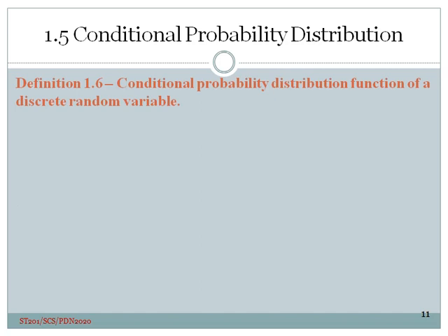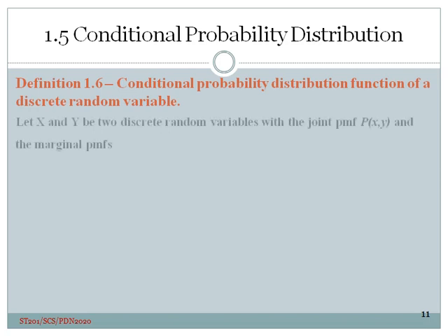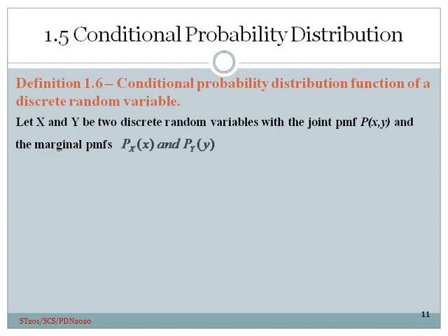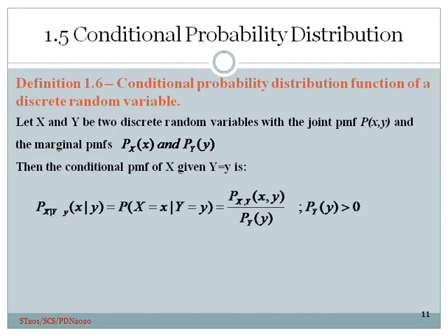Definition 1.6. Conditional probability distribution function of a discrete random variable. Suppose you have two discrete random variables x and y and their joint PMF pxy and the marginal PMFs px and py respectively. Then the conditional PMF of x given y equals a value y is the division of the joint PMF over the given condition.